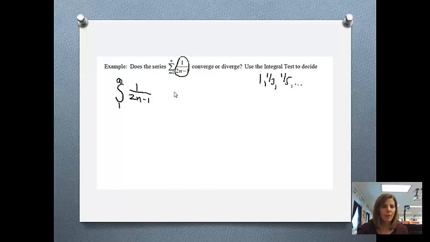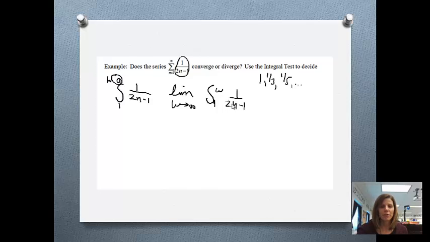And now remember, we can't technically do that, so we actually will be finding the limit. We'll call this w, as w approaches infinity, of the integral from 1 to w of 1 over 2n minus 1. And again, that might seem kind of a useless step, but it is important so that whoever is reading your paper realizes that you know you can't actually plug in infinity and get an answer.